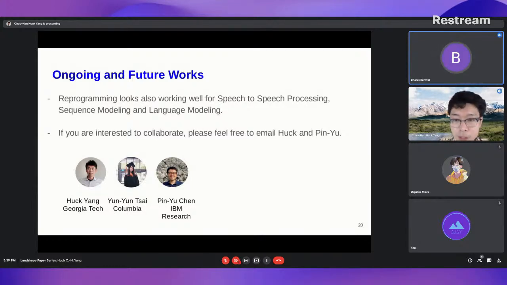So I think that can be directly applied. Yes, I think that will accelerate the universe of pre-trained model applications.